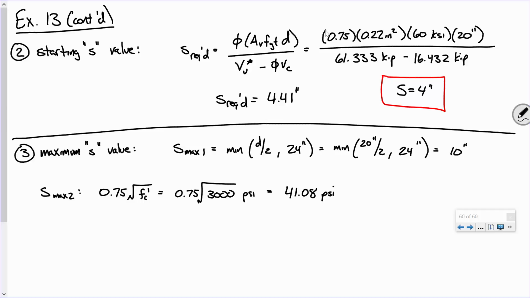And we get that. Remember, we take that denominator to be the maximum of either this or 50. So we're just going to use the 50. All right?